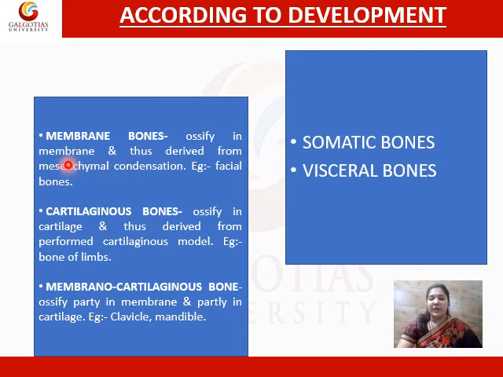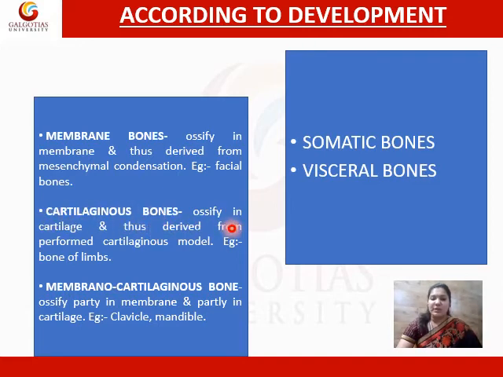These bones ossify in membrane and thus are derived from mesenchymal condensation, for example the facial bones. These are bones which ossify like membrane and after some developmental phases turn into bone. The other type is cartilaginous bone.